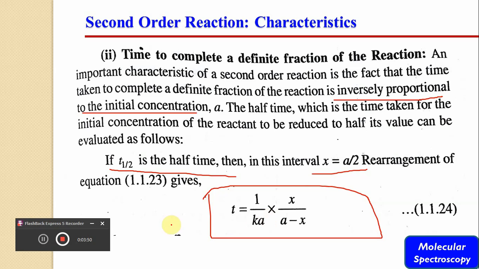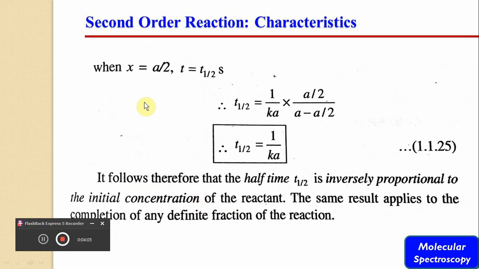If in this equation we put t1 by 2 instead of t and a by 2 instead of x, then we will get this equation.